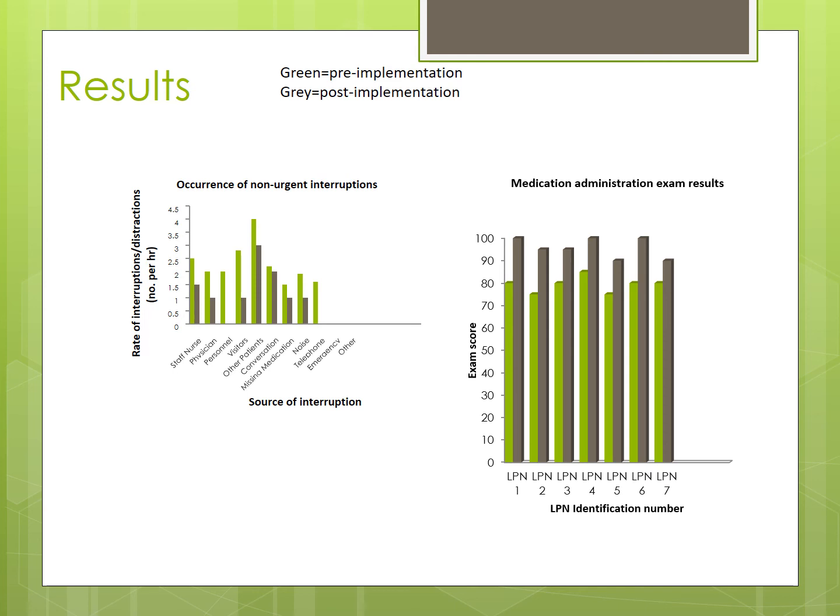The graph on the left shows the occurrence of non-urgent interruptions. Shaded in gray is the pre-implementation interruptions, which were on an average rate of 18 interruptions per nurse. Shaded in gray is the implementation interruptions, which showed an average rate of 11.8 interruptions per nurse.